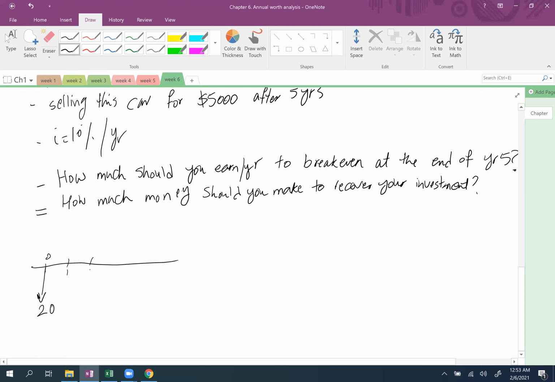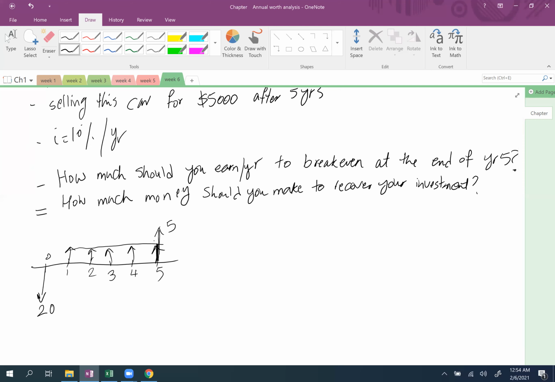And at the end of year 5, you know that you are going to sell this car for $5,000. But I just dropped 3 zeros. So the question is how much money you should make per year to justify this investment, to reach the break-even point, or to recover your initial investment.